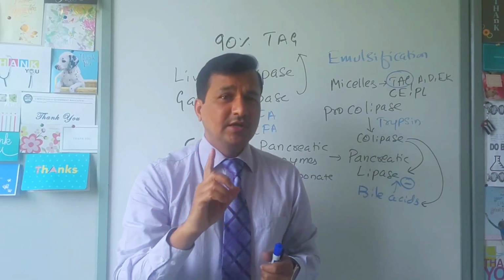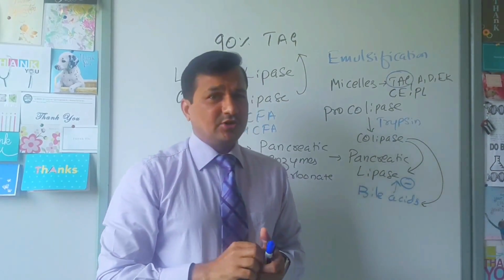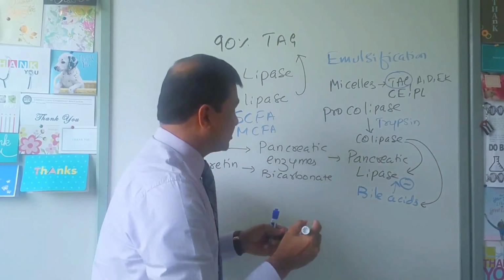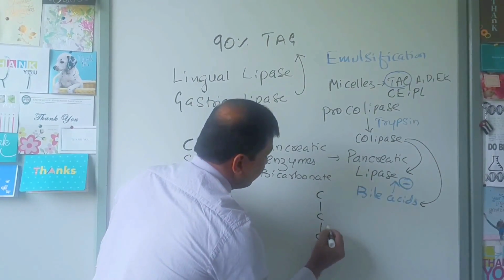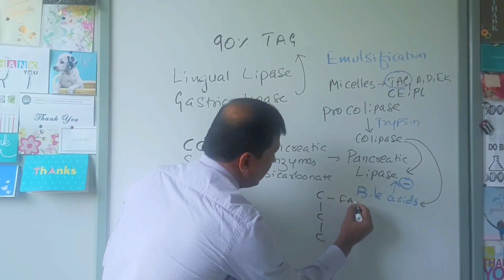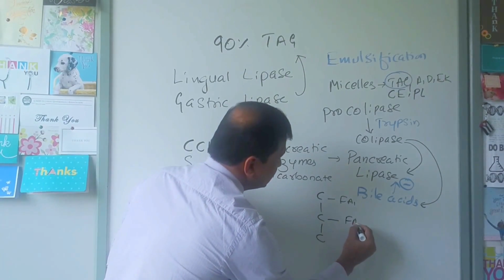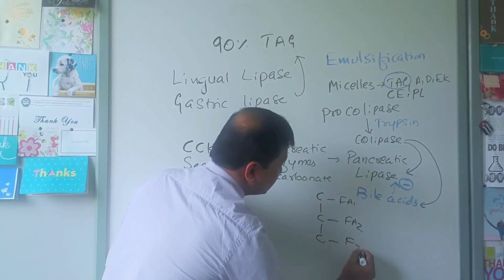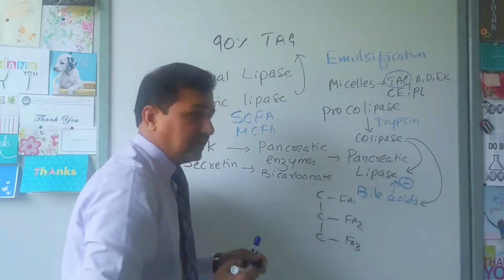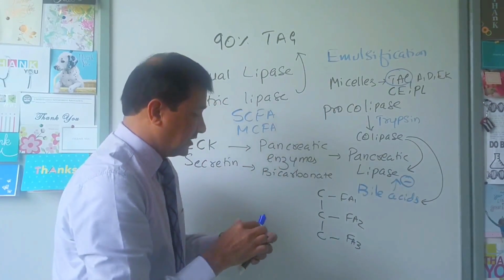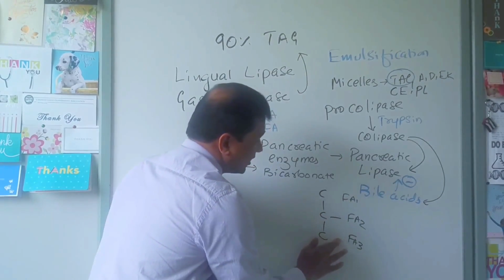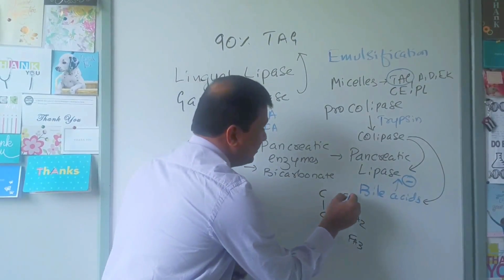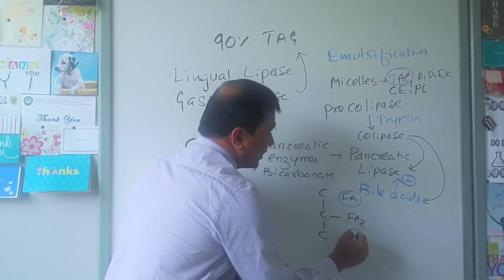But the one thing that you need to remember with pancreatic lipase is this: within the triacylglycerol, if I write triacylglycerol here, 3 carbons and 3 fatty acids attached, say fatty acid 1, fatty acid 2, and fatty acid 3. Out of these 3 fatty acids, only the fatty acid attached to the first carbon and the third carbon, these 2 fatty acids, will be released by pancreatic lipase.